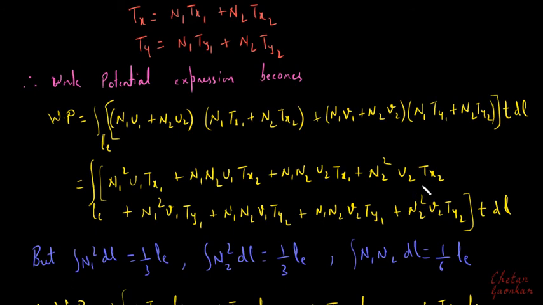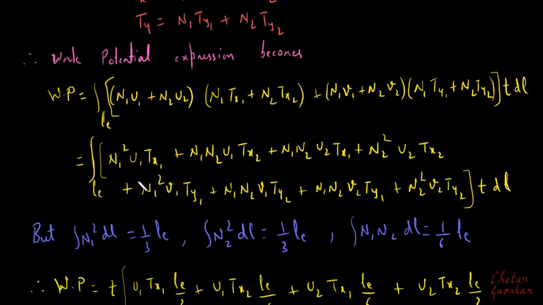Then again here, this integration will be applicable only to the shape functions N1, N2, and the combination of N1 and N2. If I use the properties of this integration, I will get these terms as 1/3 of le, whereas I will get these terms as 1/6 of le. And I'm sure you all are aware of how to carry out these integrations, I had demonstrated it in my earlier videos.